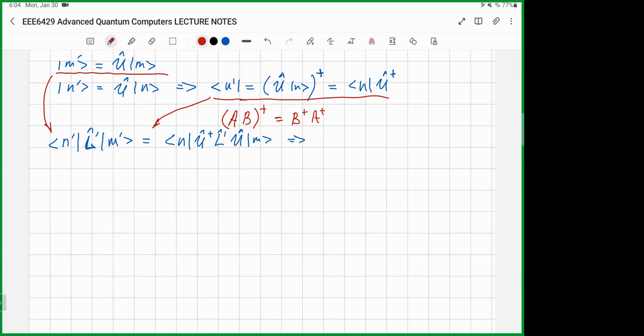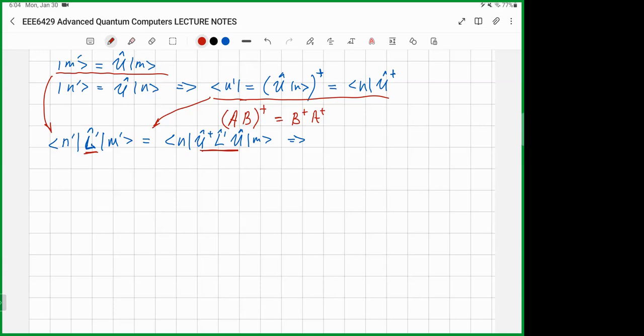So from here, I conclude that in order to make these matrix elements basically unchanged after the change of the basis, I have to change my matrix this way, right?